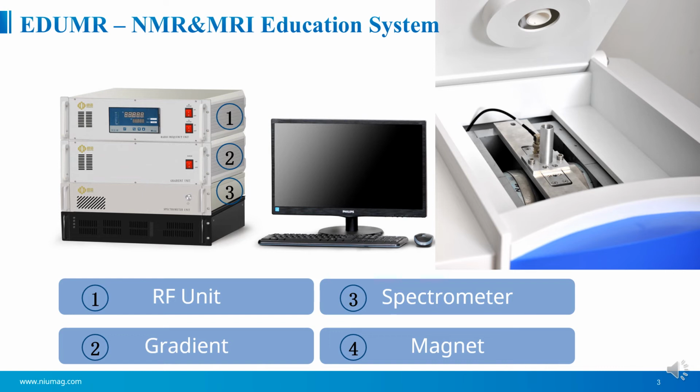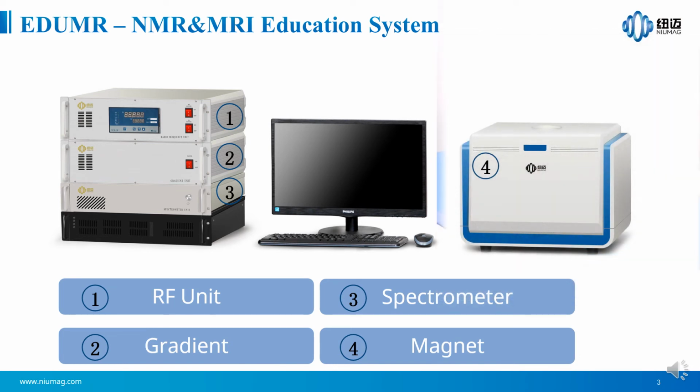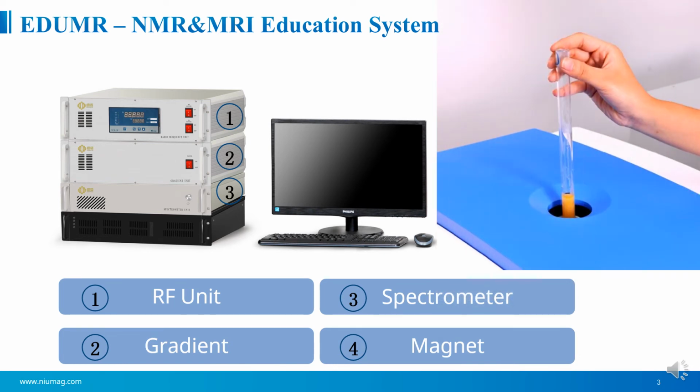And it is through this waveguide that the sample is placed for an NMR test, as shown here. As you can see, the sample is placed here into the probe.